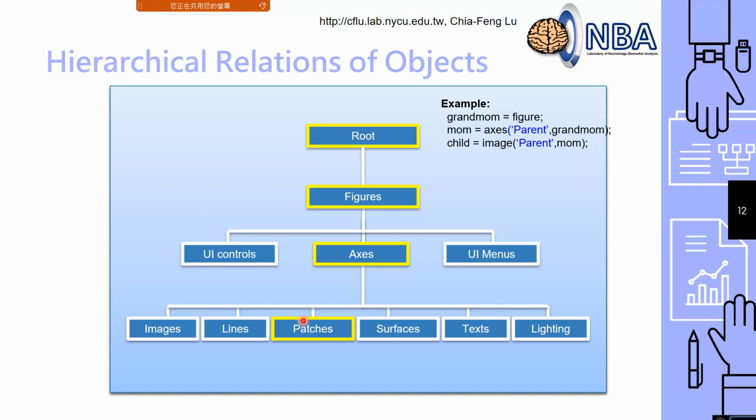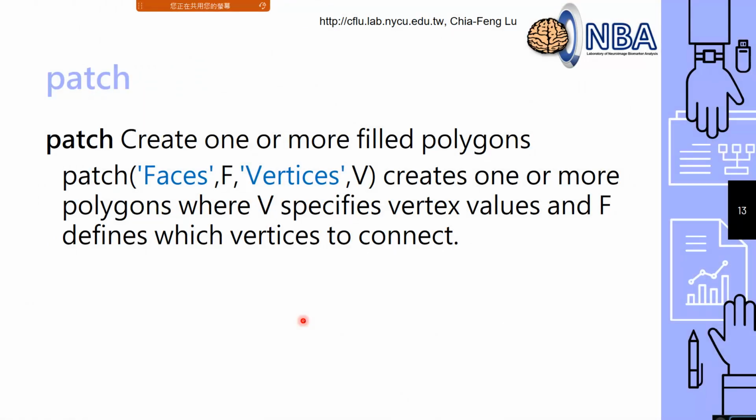What we learned last week was mostly only 2-dimensional, right? However, MATLAB can easily extend this 2-dimensional axis to a 3-dimensional one. So not only X and Y, which means rows and columns, you can also have the third direction like Z, or slice direction.